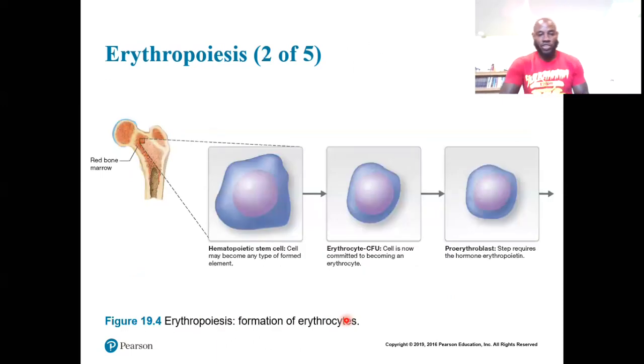This is the diagram just showing you that these stem cells form these cells that are going to be erythrocytes, and this is in the red bone marrow. This is why bone cancer can be very dangerous, because you need red bone marrow to make red blood cells.